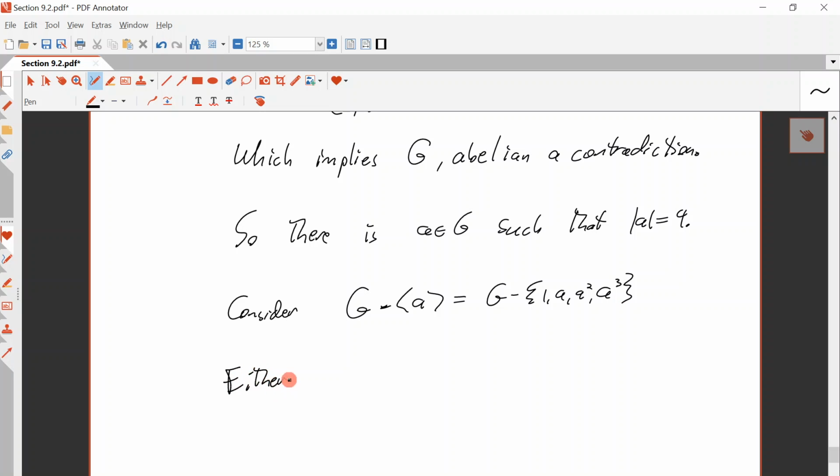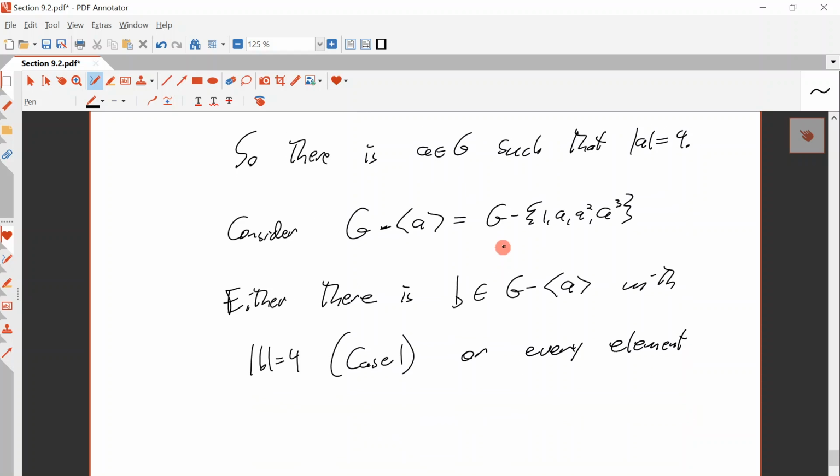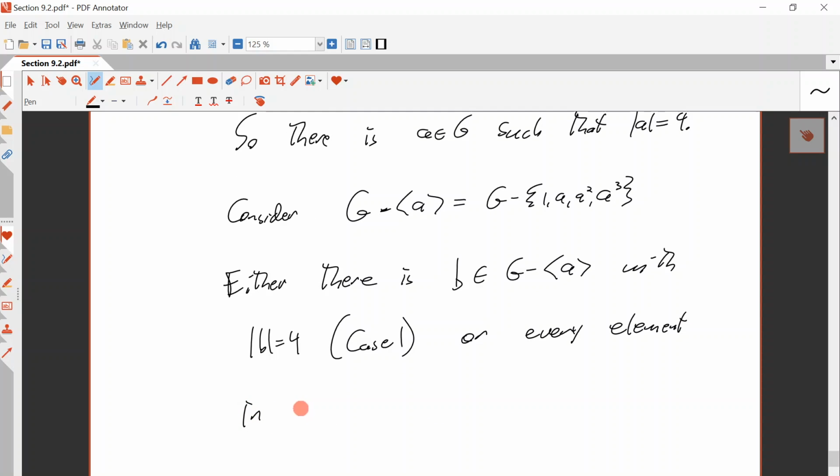Either there is B in G minus the cyclic subgroup generated by A with the order of B equal to 4, we'll call that case 1, or every B in G minus the subgroup generated by A has order 2.